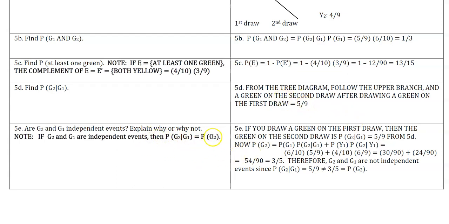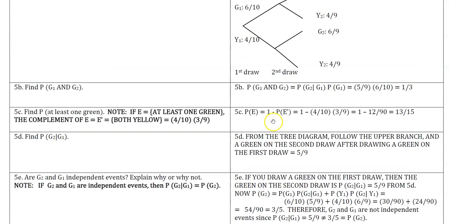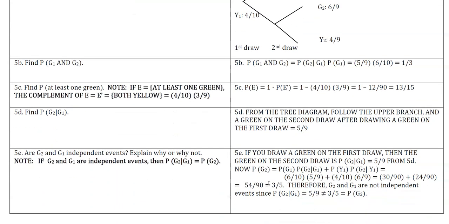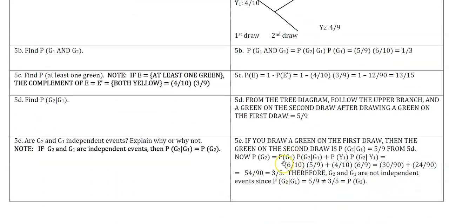So what's the probability of G2? Well, to get a green card on the second draw, you can either pick a yellow or a green card on the first draw, followed by the green card on the second draw. Okay, so let's calculate the probability of those disjoint events. The first path here we've calculated to be 6/10 times 5/9.